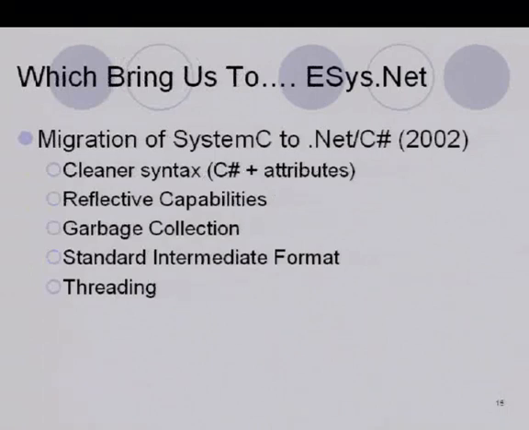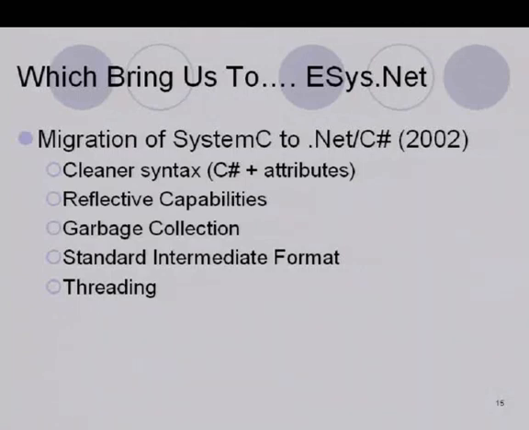So, which brings us to ESYS.NET. What we did is, by looking at this system which was available, and by looking at C#, which was becoming available in the industry, we decided, hey, I think we can do better than this.